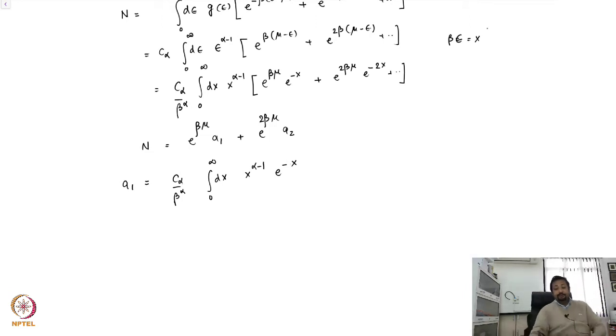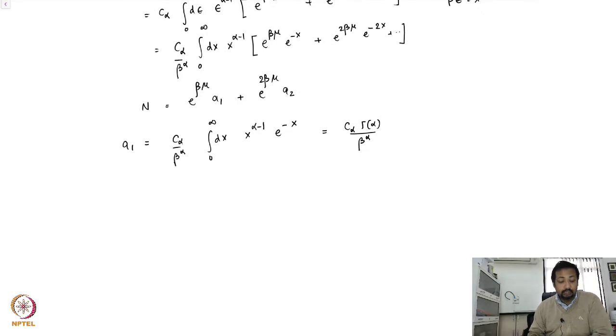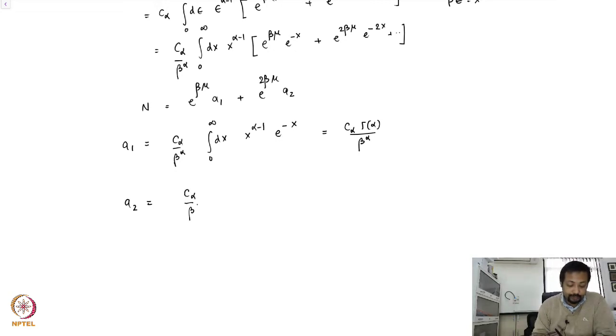Now this integral is well known, and this integral is gamma of alpha, so that I have a1 as c_alpha gamma alpha raised to the power beta alpha. What about a2? a2 is c_alpha over beta raised to the power alpha, integral 0 to infinity dx x to the power alpha minus 1 e to the power minus 2x.